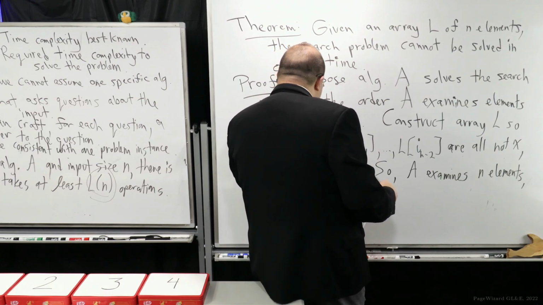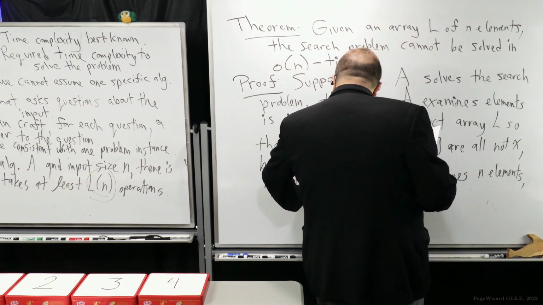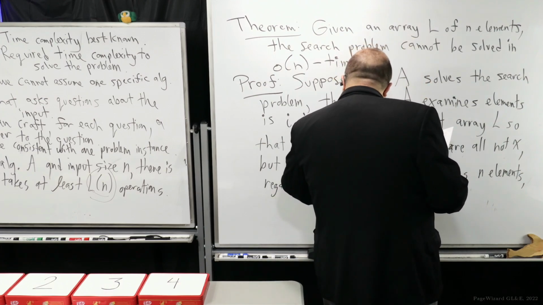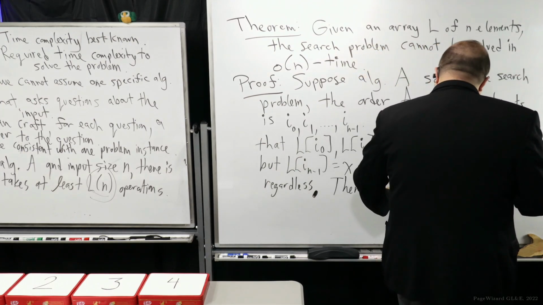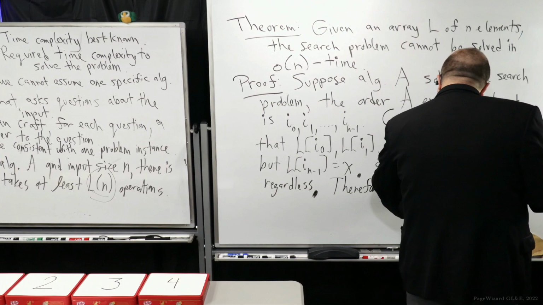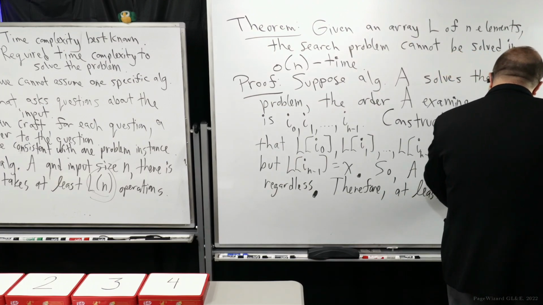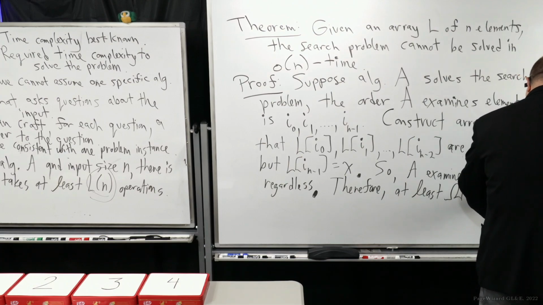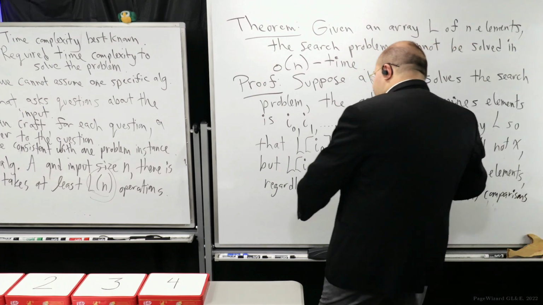It has to examine n of them, regardless. Therefore, at least big omega of n comparisons are required. And that's the end of the proof.